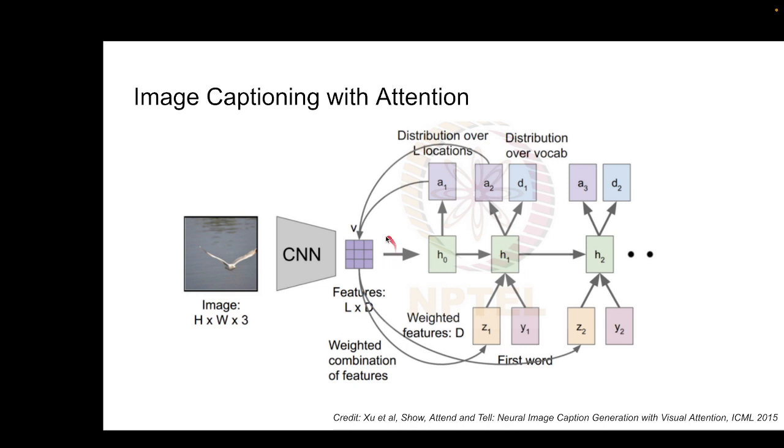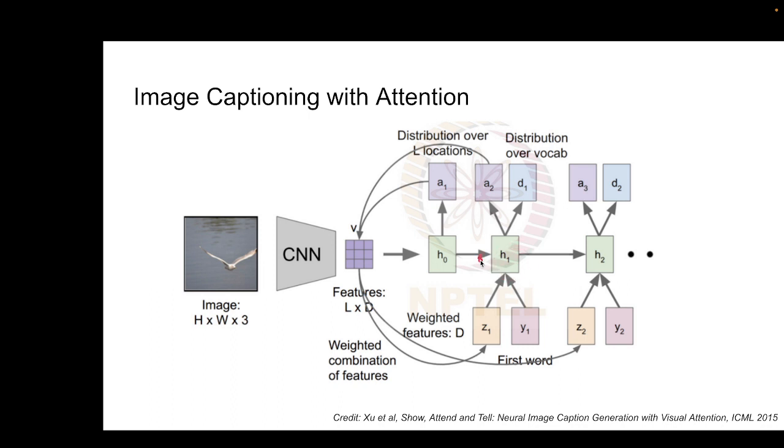Now based on the weights that are learned here, you generate one vector out of these, that is given by Z1. So in the first time step, alongside the first word, which is Y1, you give this Z1, which is like a summary of the image based on your previous hidden state.